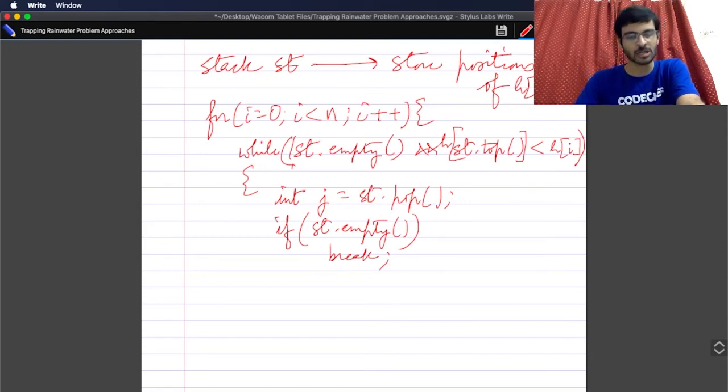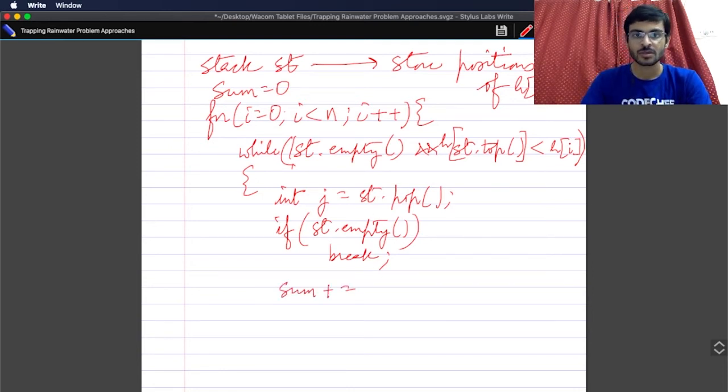And yes, if it is not empty, then basically your summation, you will have sum equal to 0. So sum plus equals to whatever will be your previous element. We can do something like this. The distance is going to be i minus 1 minus st.peek, the previous index.